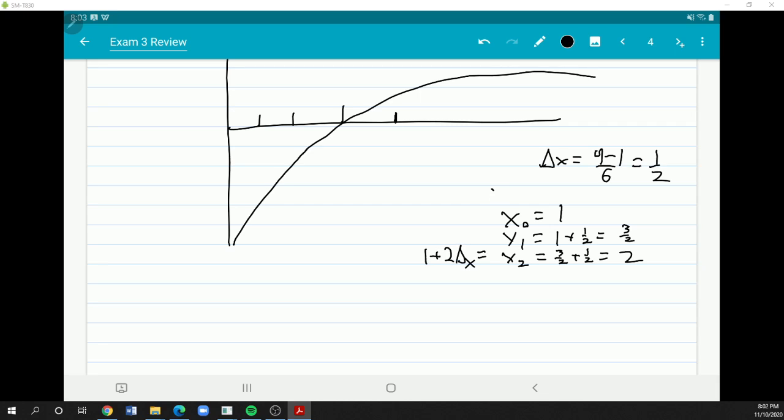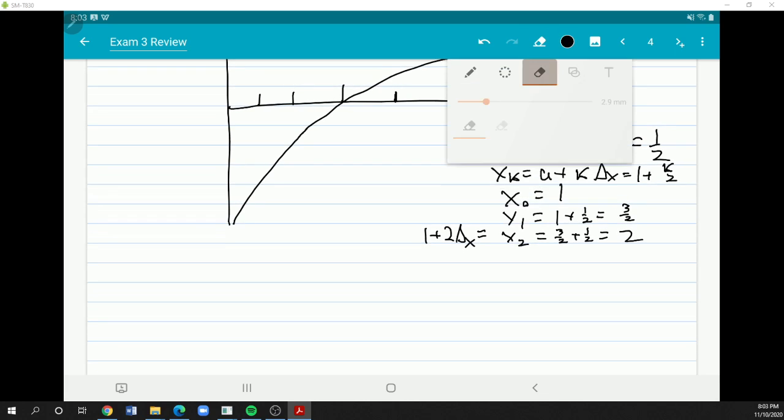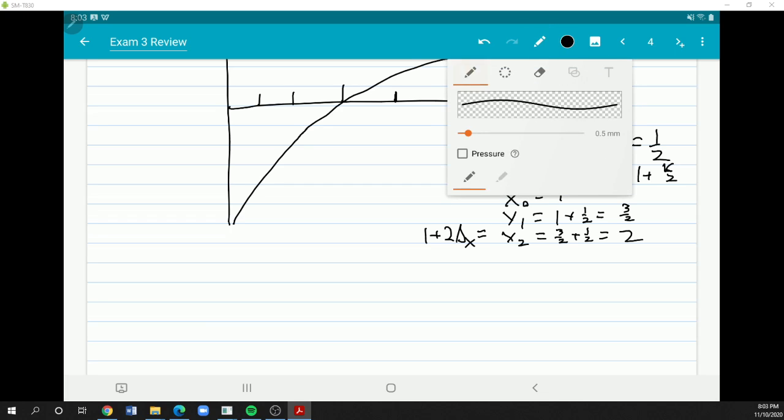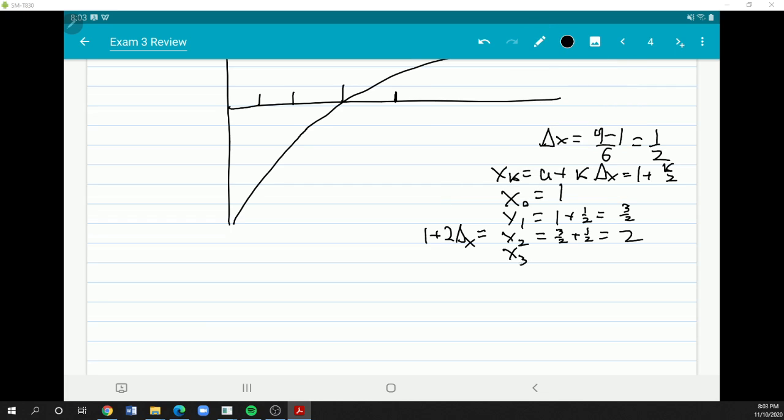And I should write xk is equal to a plus k delta x equals 1 plus k over 2. Okay, so that's where those come from. But you can just keep adding the same delta x over and over, and that makes finding these a little bit easier.